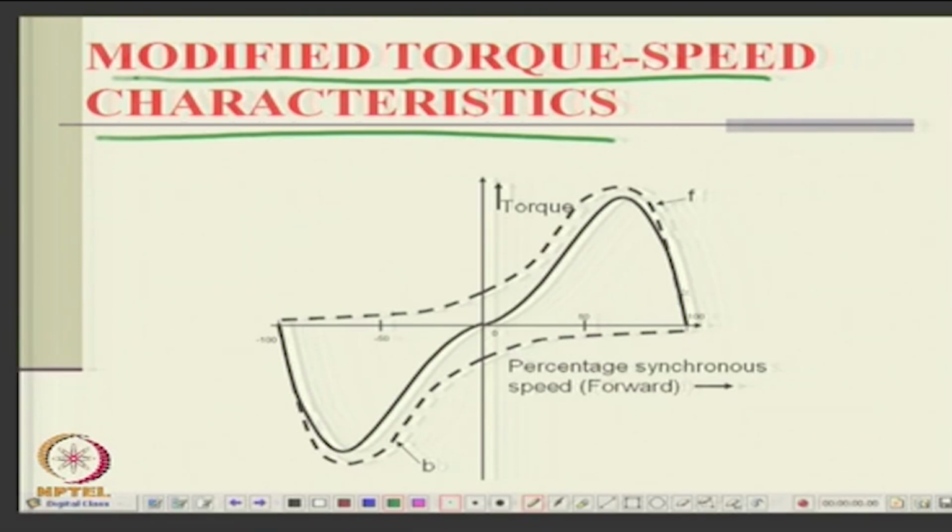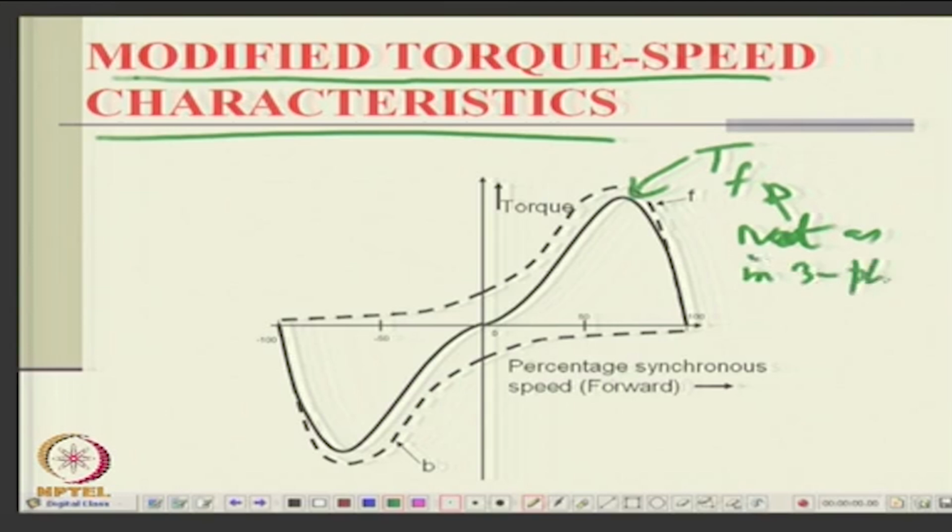Therefore, if this is the TF, which is not the same as in a 3-phase motor, because the fluxes will go on changing at different speeds, whereas in a 3-phase motor the air gap flux was the same.